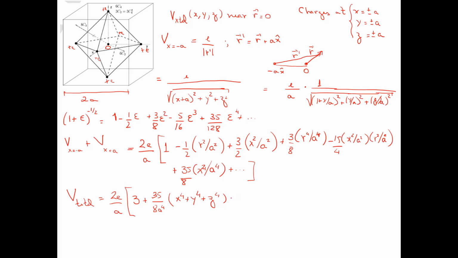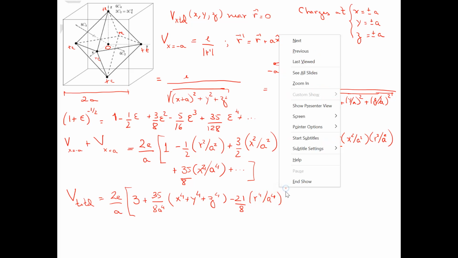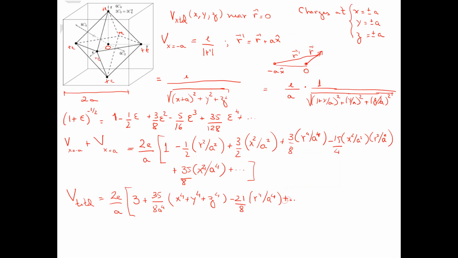And there's another fourth order term here, which is minus 21/8 r to the fourth divided by a to the fourth. Okay? Plus higher order terms.